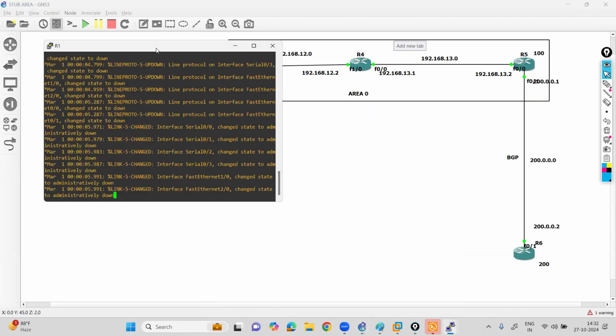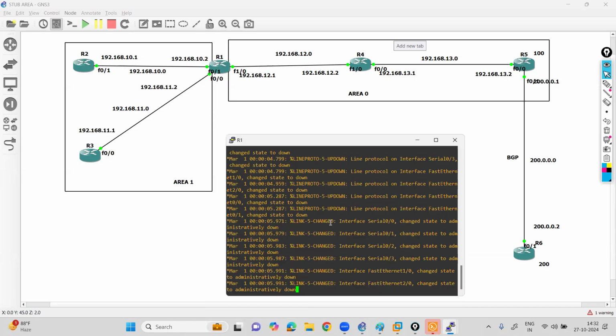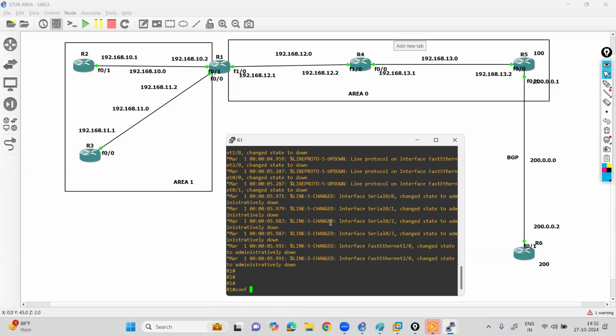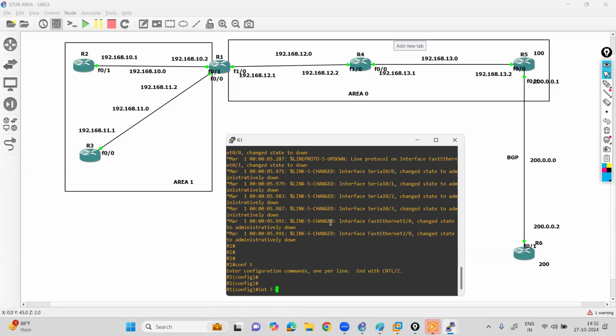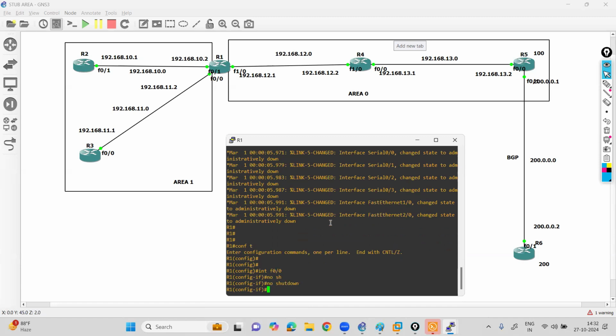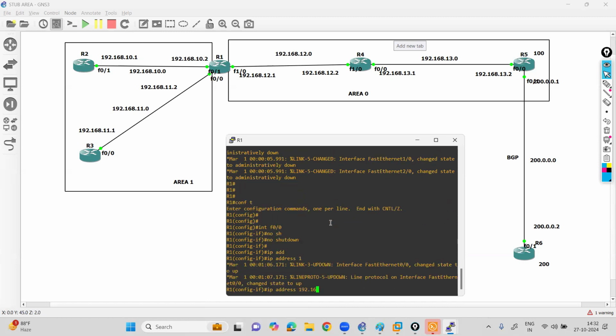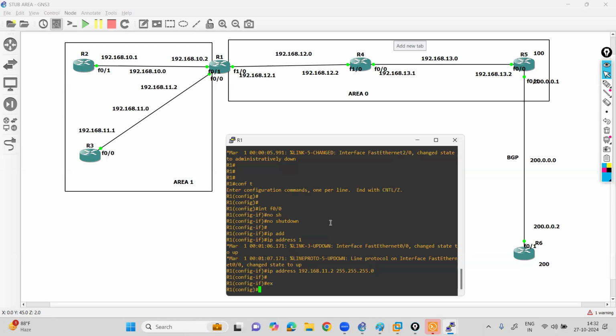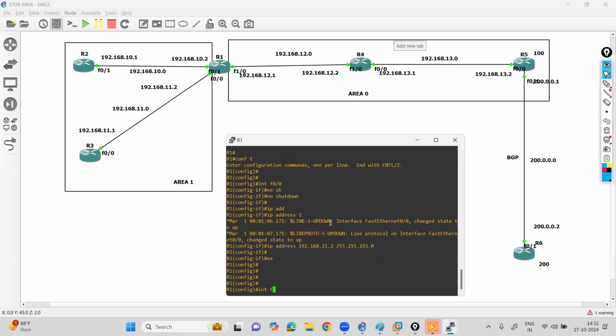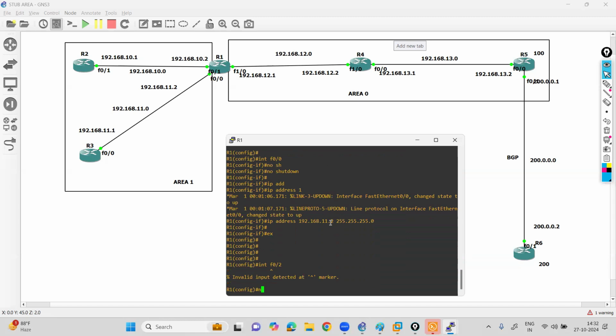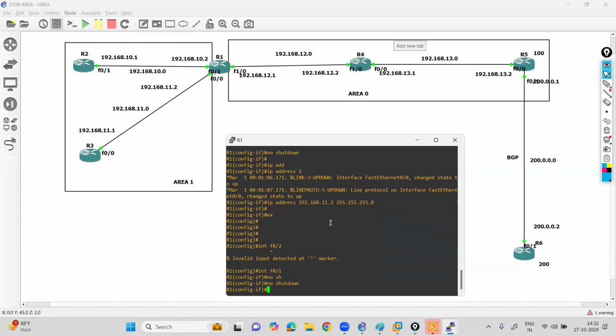So configure terminal, interface F0/0, no shutdown. IP address is what? 192.168.11.2 and 255.255.255.0. Interface F0/1, no shutdown.